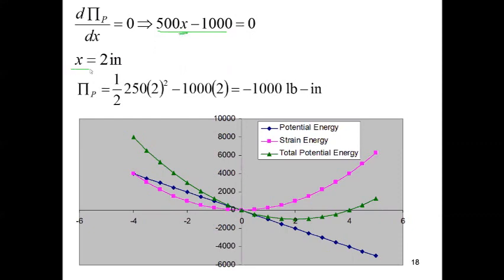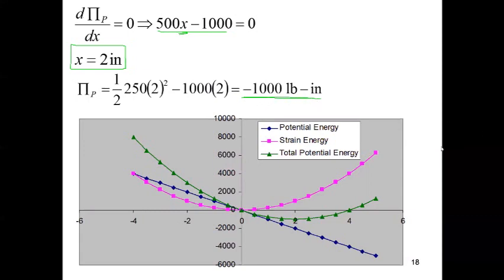If we do so, we find that x is equal to 2 inches. Now if we substitute x into the Πp equation, we can get the minimum total potential energy. In this case, Πp equals 1/2 times 250 times 2 squared minus 1,000 times 2. The result will be negative 1,000 pound-inch.